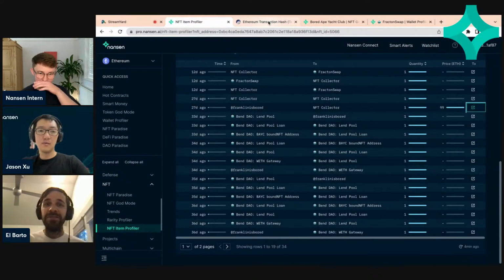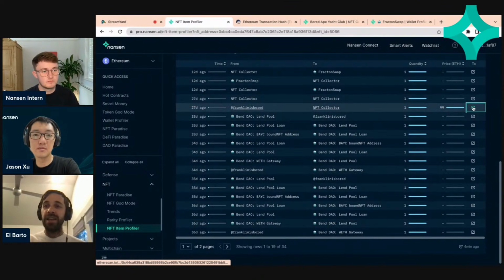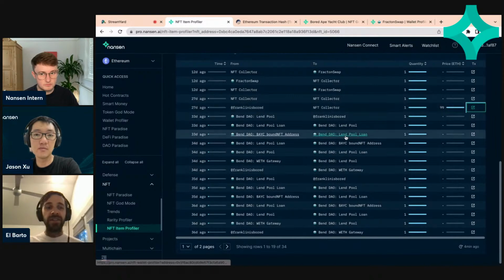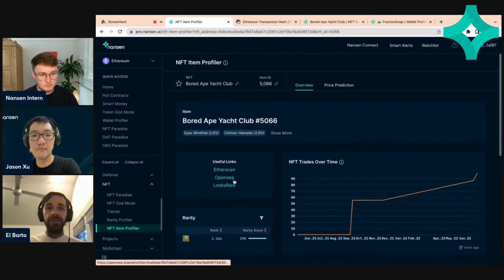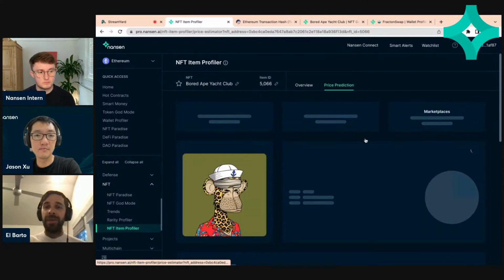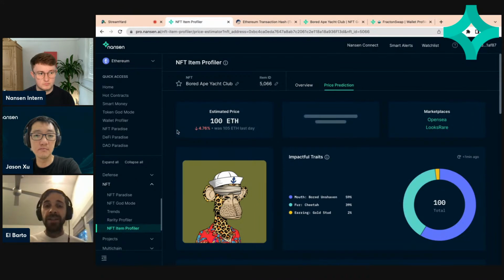But what is interesting, and this is why you use data, is that the original offering price was 99 ETH, I believe, for the fractionalization. Well, two things. One, it makes no sense to pay 99 ETH because actually, you guys estimate this as 100 ETH.